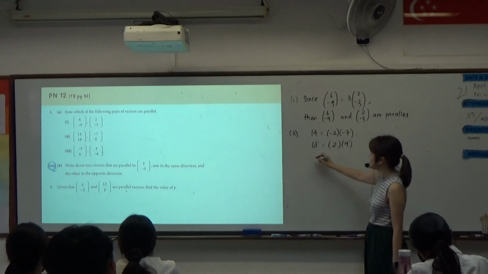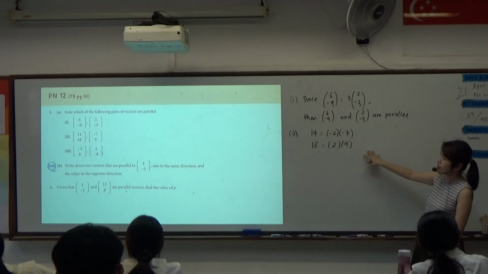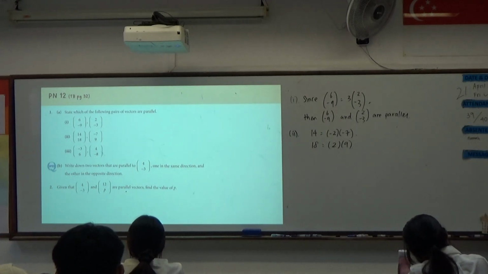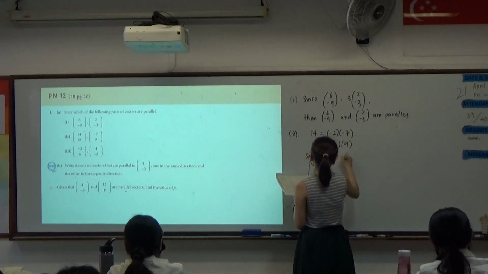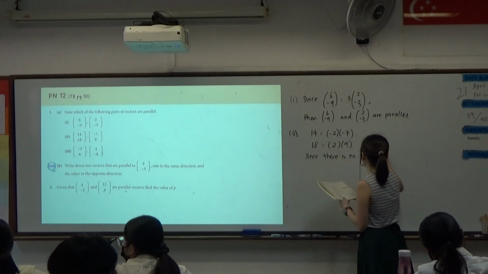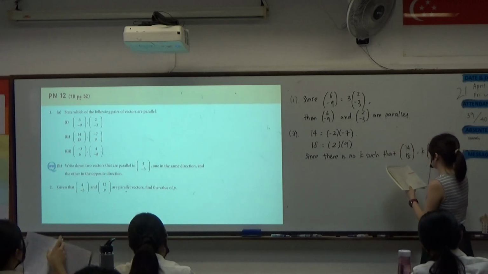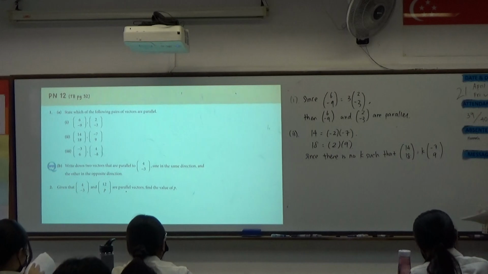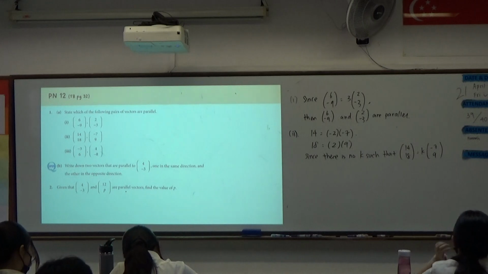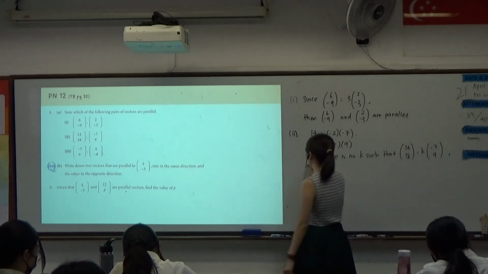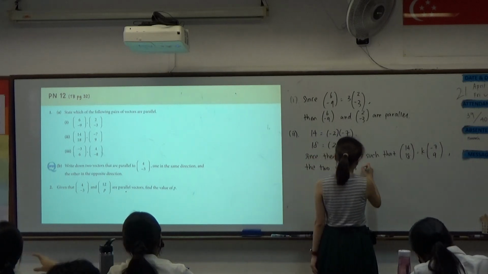Therefore, I cannot express 14, 18 as a multiple of -7, 9. Since there is no such value of k such that 14, 18 equals k times -7, 9, the two vectors will not be parallel.